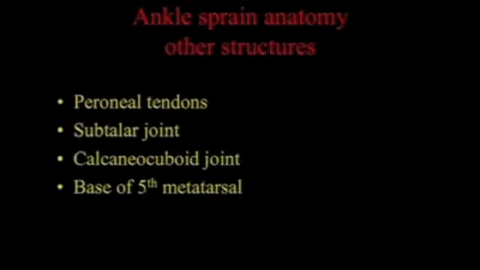In addition, it's been highlighted that ankle sprains can have associated injuries. So it's important to recognize where these other structures are, okay? That gives you an idea where your pain might be coming from, rather than just the instability of the ankle, which may be completely pain-free in between.